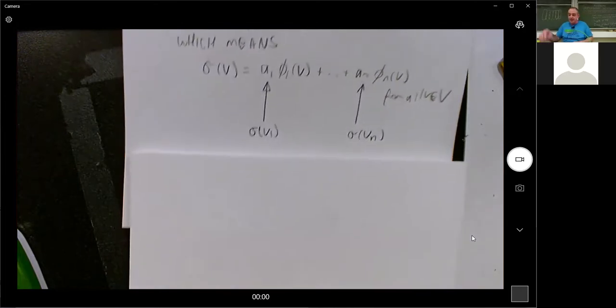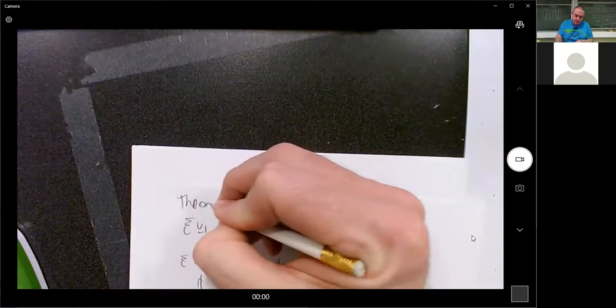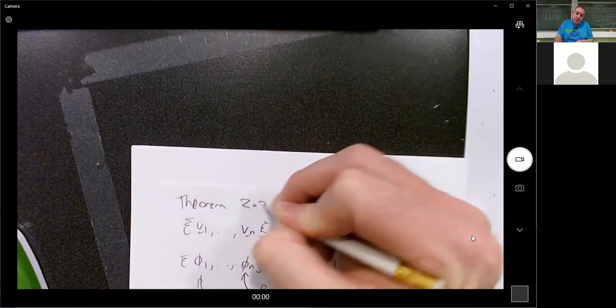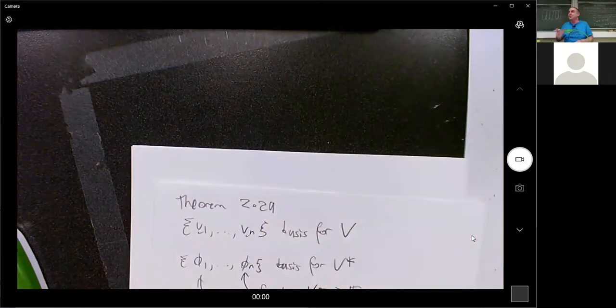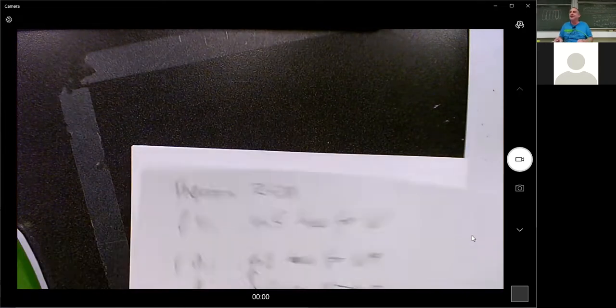What was this theorem? Theorem 2.29, because it's not a decimal. Anyway, this is only half of theorem 2.29.